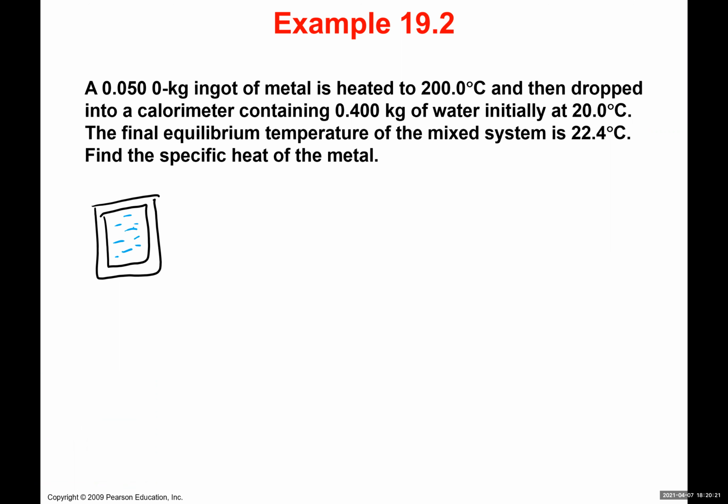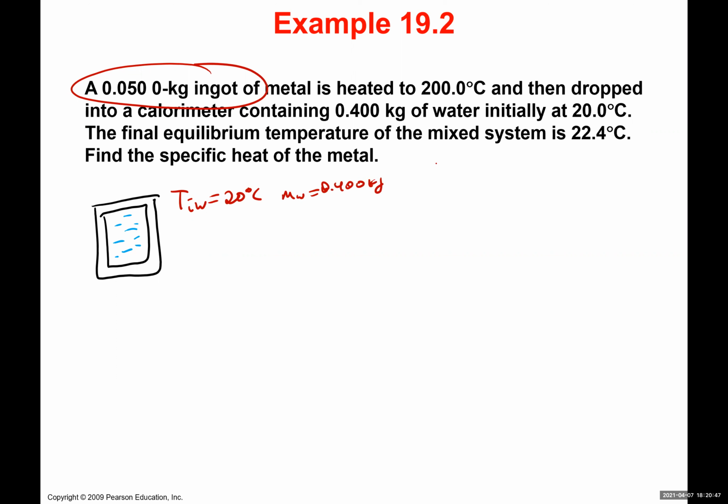And the temperature of water initially is 20 degrees Celsius. So, temperature initial of water is 20 degrees Celsius. And then let's put the mass of water, 0.4 kilograms, so 400 grams.